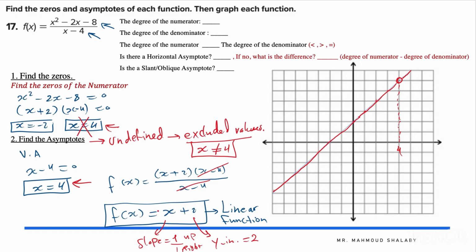When you simplify, you will see that it becomes a linear graph. The simplest form is a linear graph, so draw the linear function. However, keep in mind it will be undefined when x equals 4. It's no longer a vertical asymptote, a horizontal one, or an oblique asymptote. It's a linear graph.